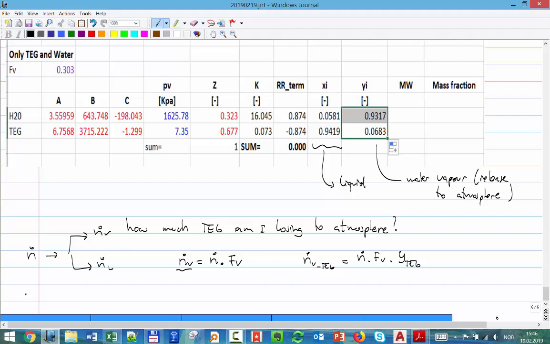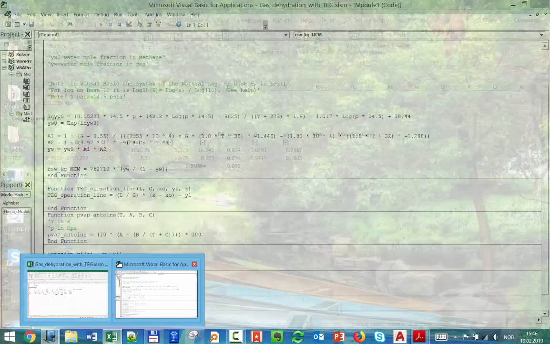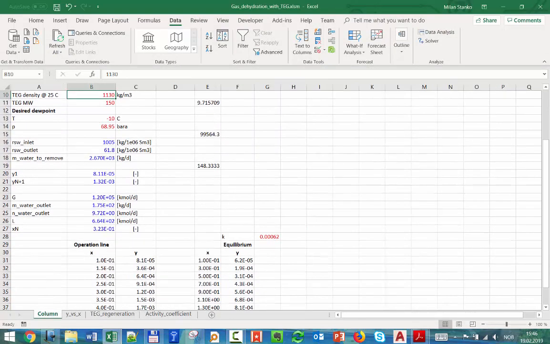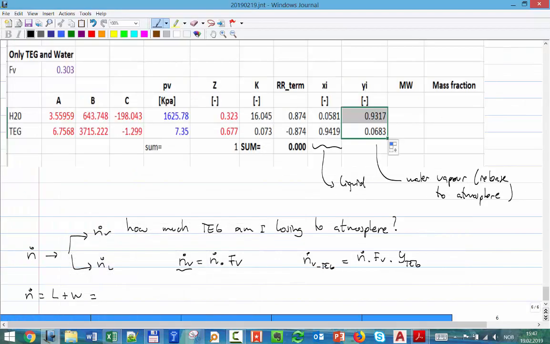What is the N that is coming into this process? It is simply L plus the amount of water that I'm removing, let's call it W. From our last exercise, L was 664 kilomole per day. And how much was the water that I'm extracting?